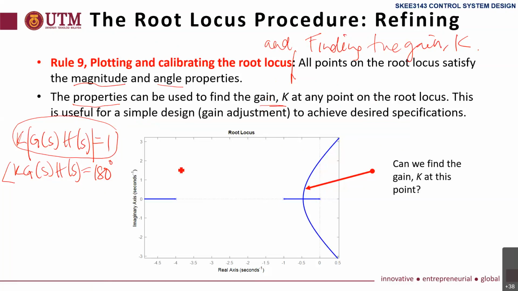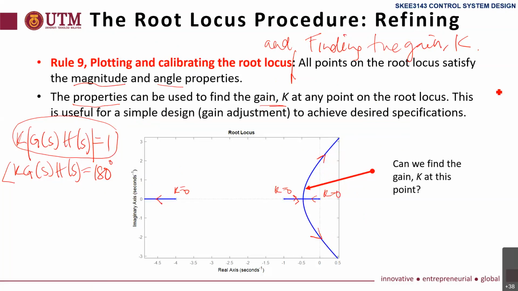Let's say this is the root locus I plotted from MATLAB. Normally MATLAB does not give the arrow, so we should know the direction. We know that K starts from 0, here.